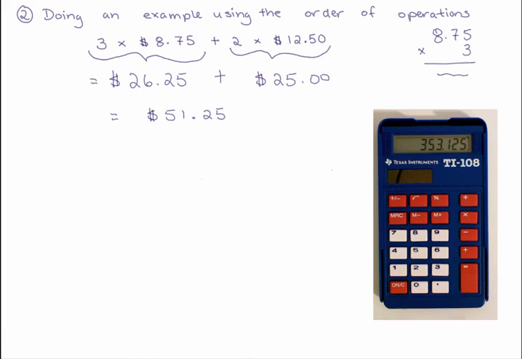So this particular calculator doesn't have the order of operations built in, whereas the previous one does. So you're going to have to play around with your calculator and see whether it actually knows BEDMAS without you having to do all the steps properly.